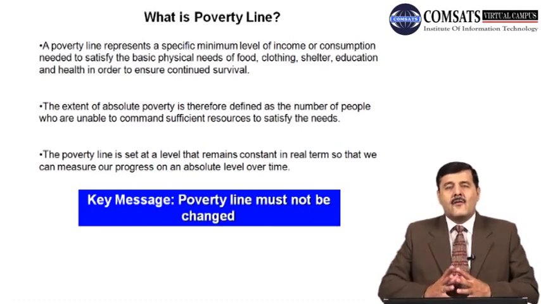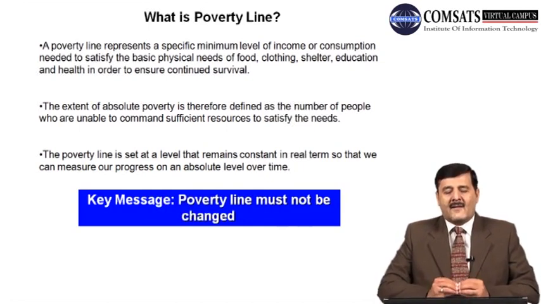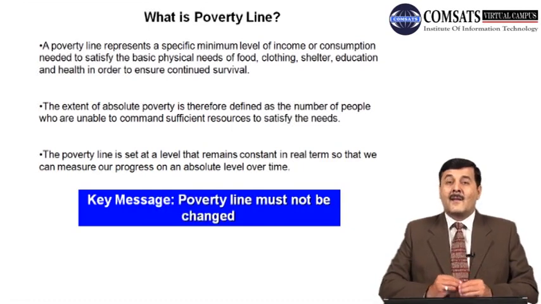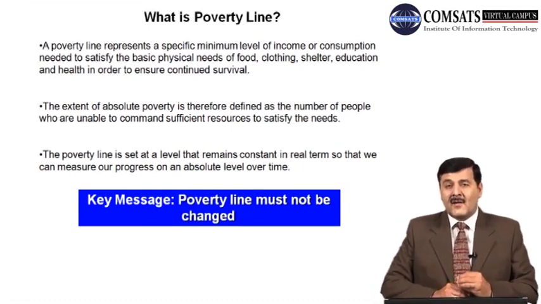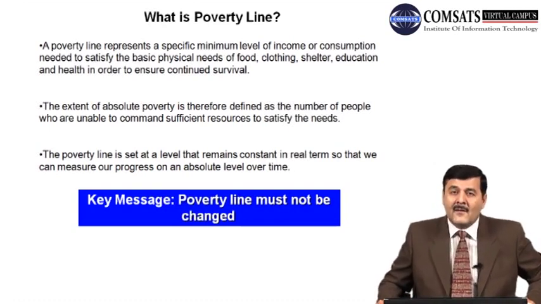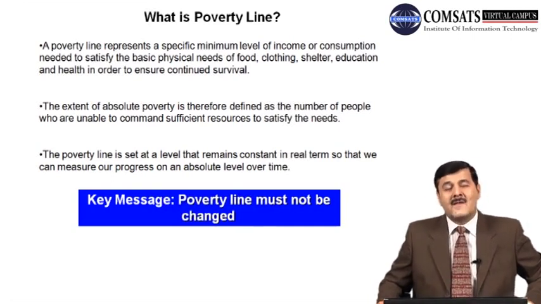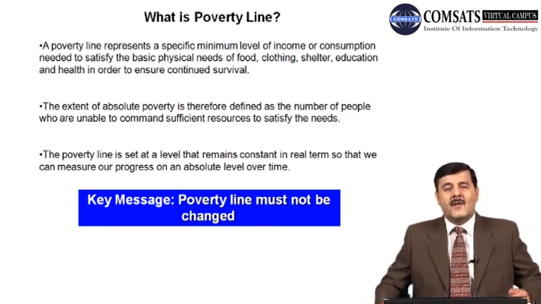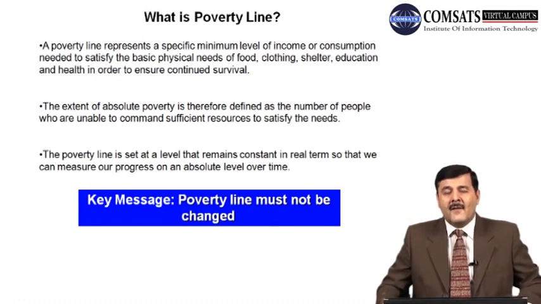So survival के लिए जो basic needs चाहिए होते हैं इंसान को, poverty line हम कह सकते हैं कि that is the poverty line is defined as the minimum level of income or consumption which is required to satisfy basic needs in terms of housing, shelter, clothes and food and education, which are required for surviving, right?